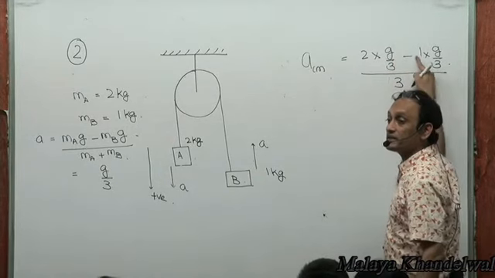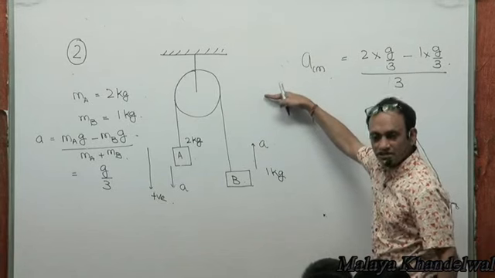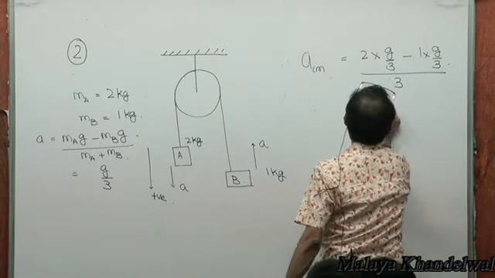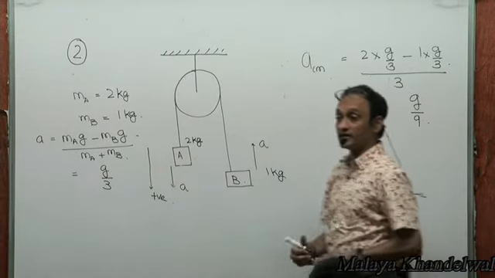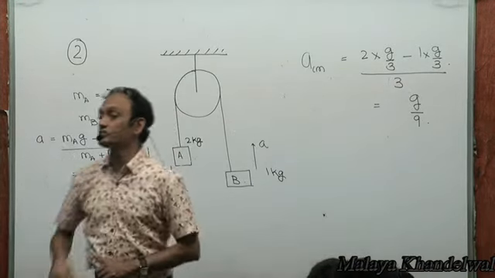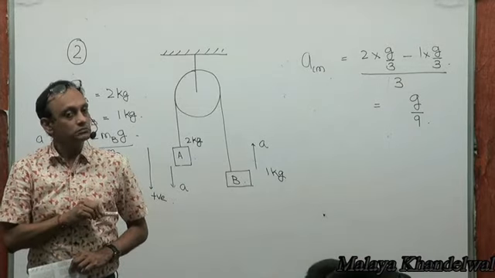Right? m1 a1 plus m2 a2, a2 is minus a because it's in the opposite direction. So that makes it g by 9. Positive, therefore downwards. Acceleration of the center of mass is g by 9, downwards. Yes or no?